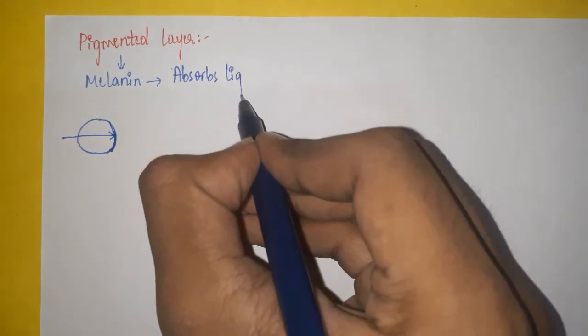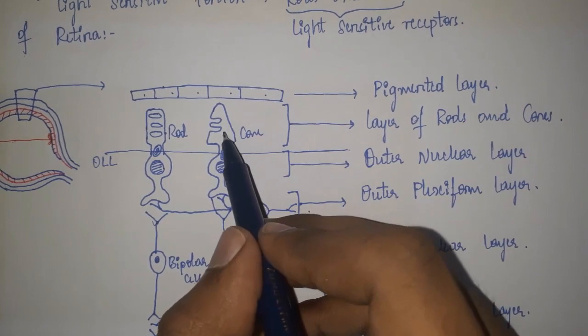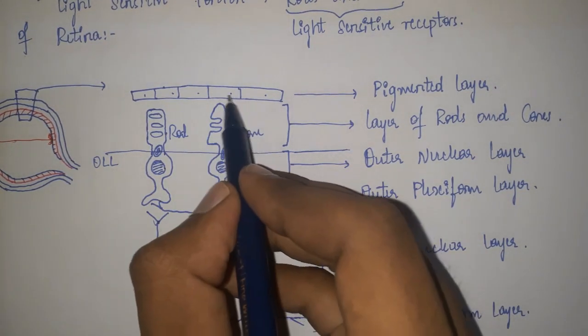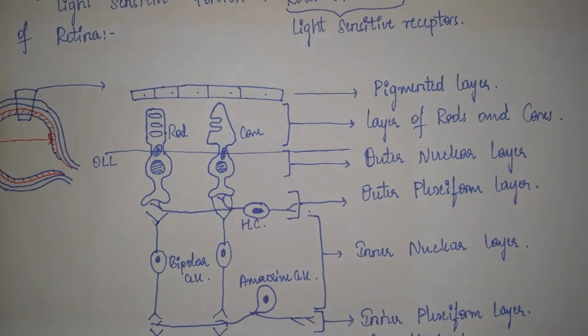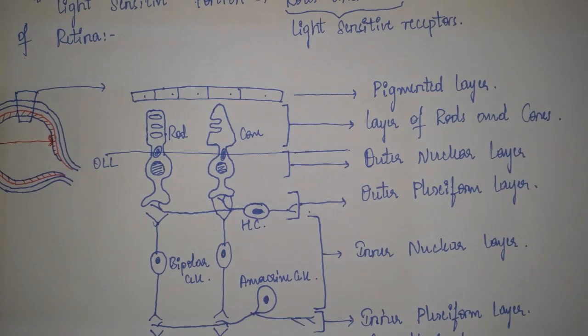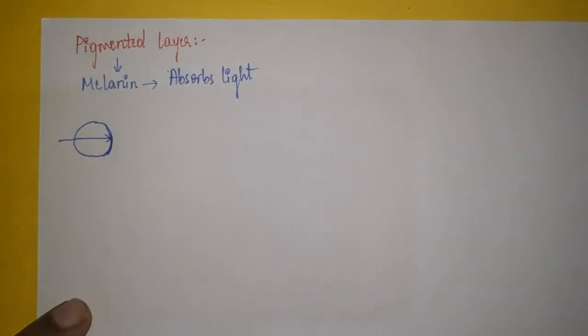After the light reaches the rods and cones, the remaining light should be absorbed in the pigmented layer which contains melanin. The remaining light should not be reflected. I will say why.